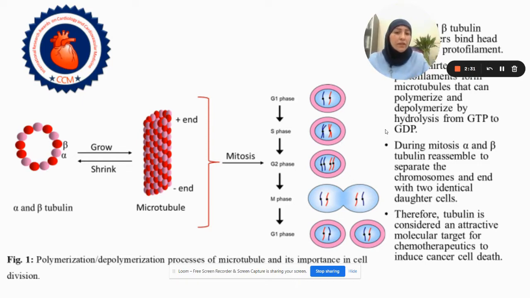On the right side of the picture, you can see that when the chromosomes align, the microtubules pull every chromosome to each side, and we end with two identical daughter cells. Therefore, tubulin is considered an attractive molecular target for chemotherapeutics to induce cancer cell death.